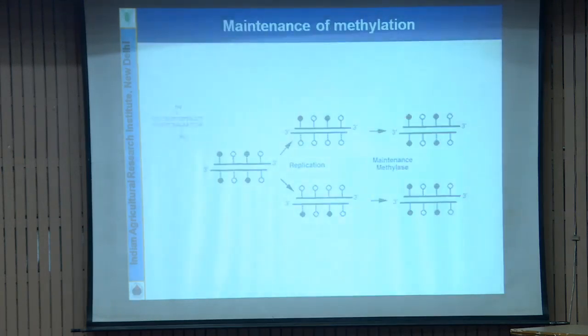From this picture it is more clear. You can see these black dots are methyl cytosine, that is methylated DNA. When replication happens, one strand is the same, one strand is newly formed. Here also one strand is the same, one strand is newly formed. Then this is retained here, and on the second strand methyl groups are added by methyltransferases. Here also on the second strand methyl groups are added. So this is how methylation happens.